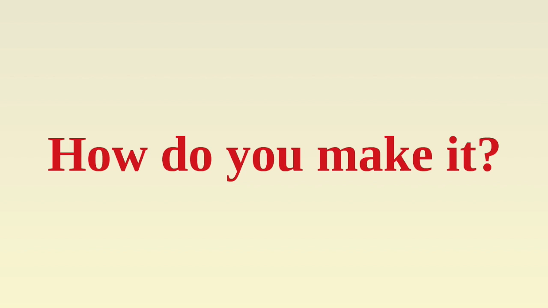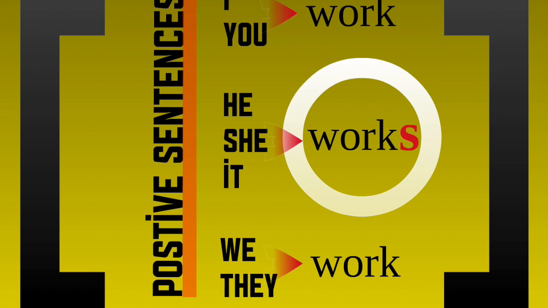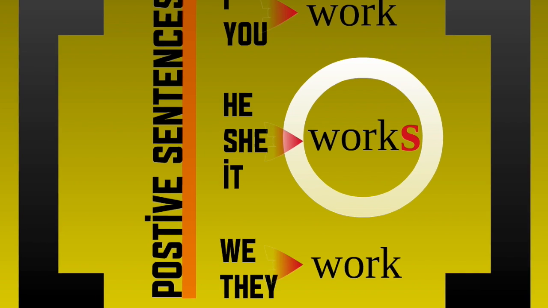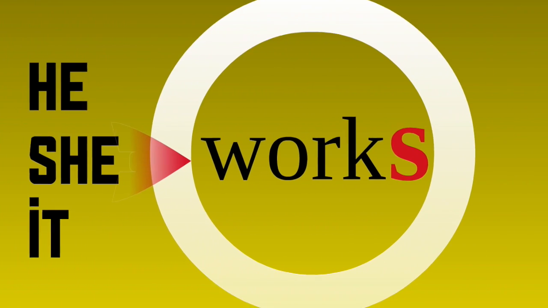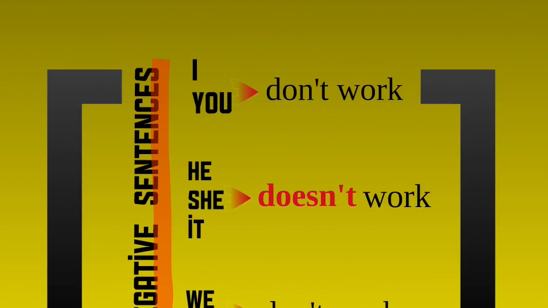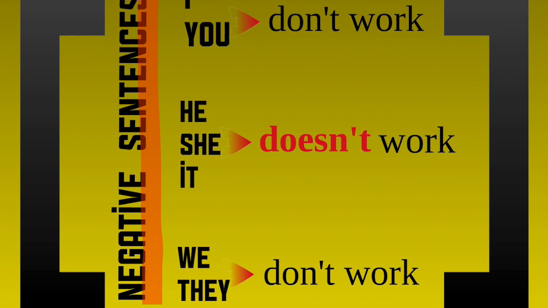How do you make present simple? With positive sentences, you just use the infinitive of the verb. You have to remember to add s at the end of the infinitive for he, she, and it. For negative sentences, we add don't or doesn't. For I and you, we add don't. For we and they, we add don't.